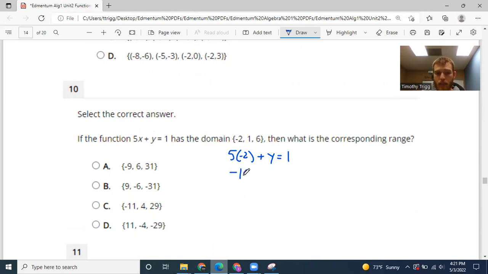So this becomes -10 plus Y equals 1. Solve for Y, and that Y should be in your range. Then replace the X with 1, do the same thing, find Y. Replace the X with 6, find Y.